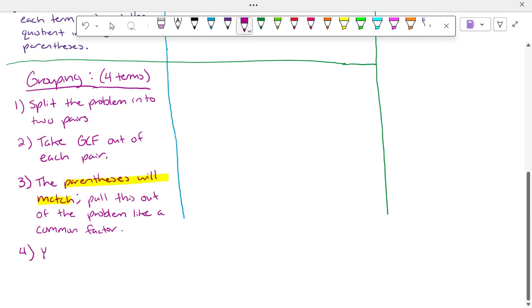And lastly, your answer should be the product of 2 binomials.